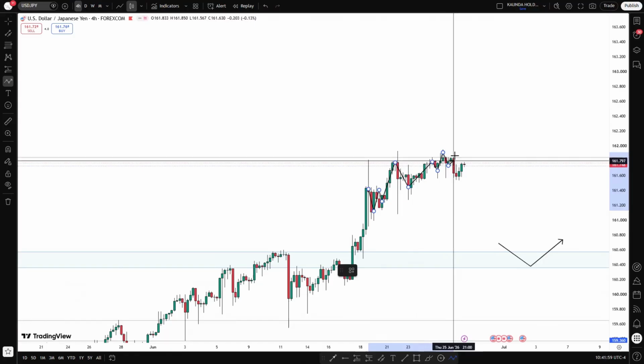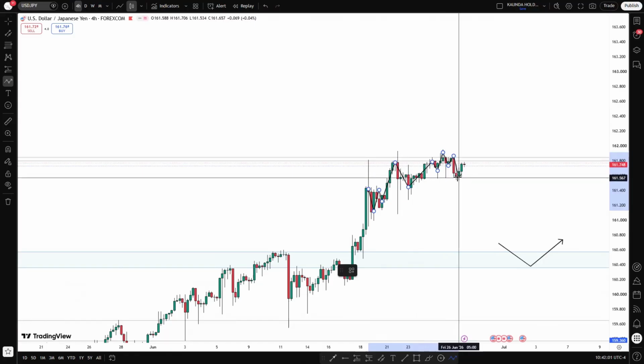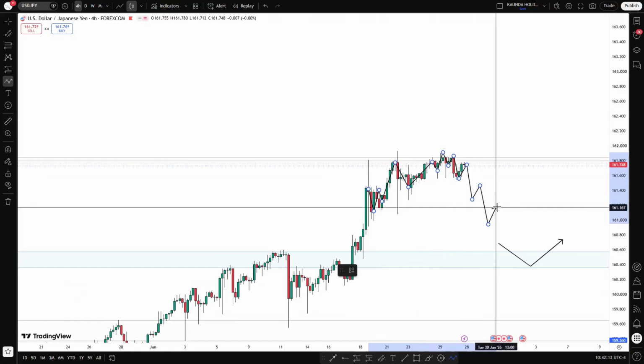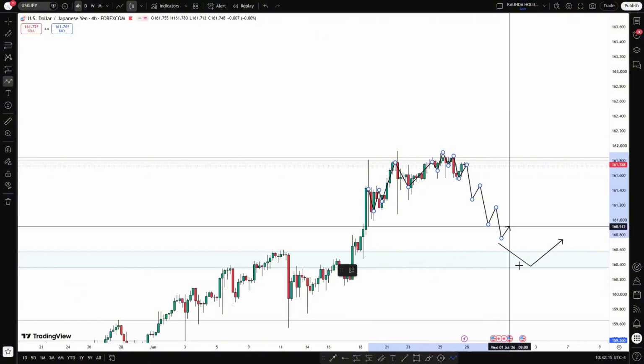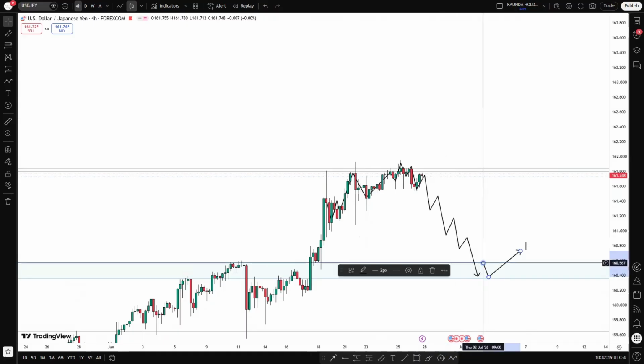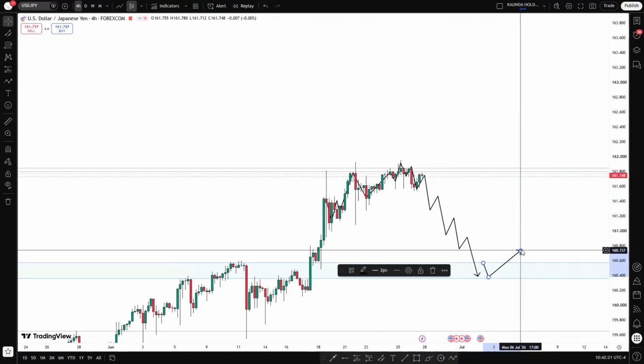Price plays around, and price now goes bearish. You see? So when it does that, we now start waiting for price to test back to this level. Okay, which is fine.